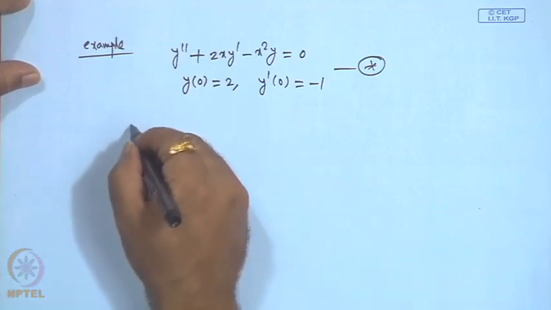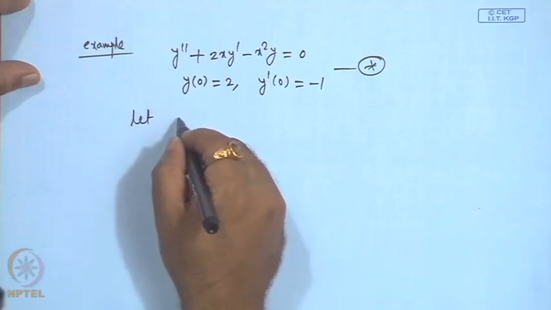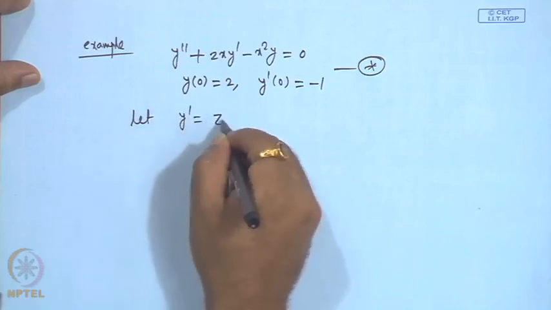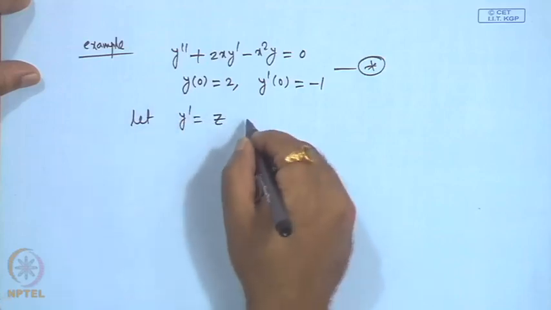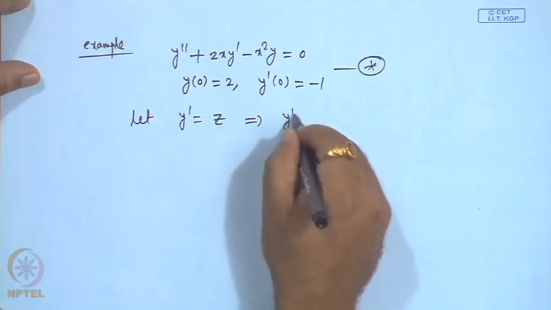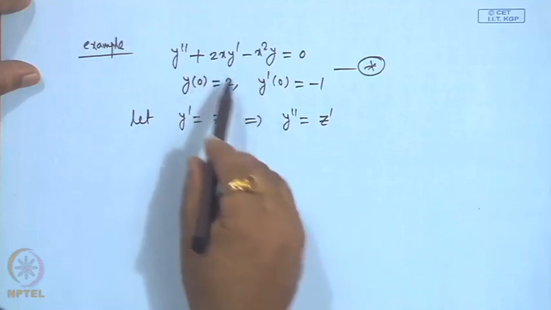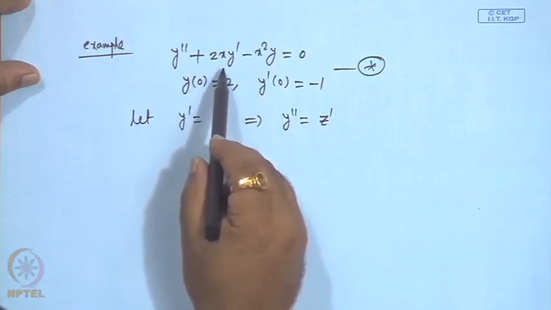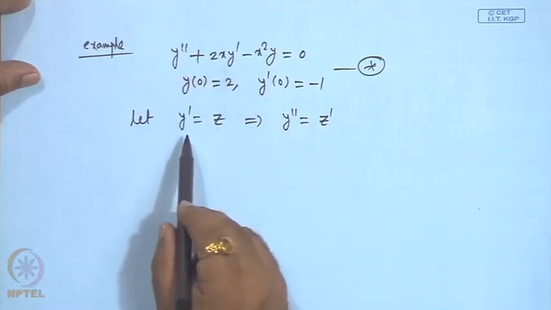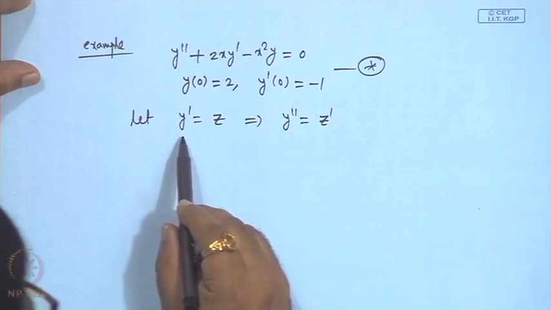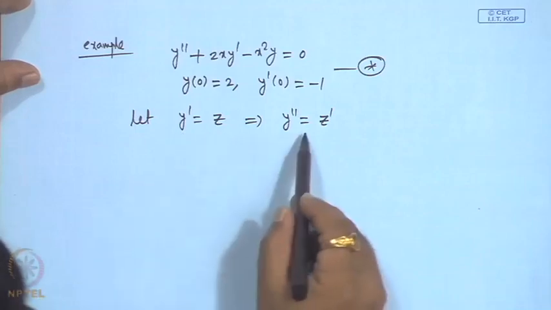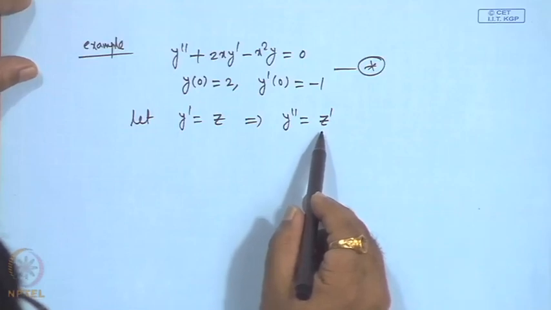Yes, of course. Let y dash equal z. Then y double dash will be z prime. Here x is our independent variable and y is the dependent variable. Now we have defined a new dependent variable, y dash equals z, and hence y double dash is z prime.